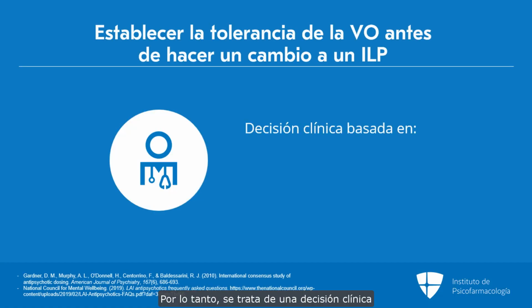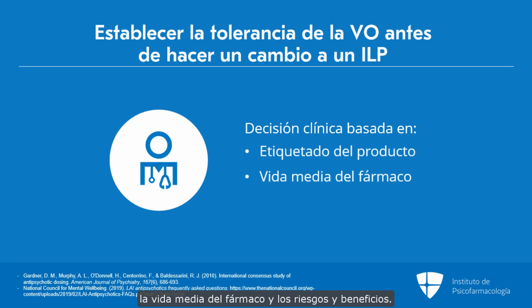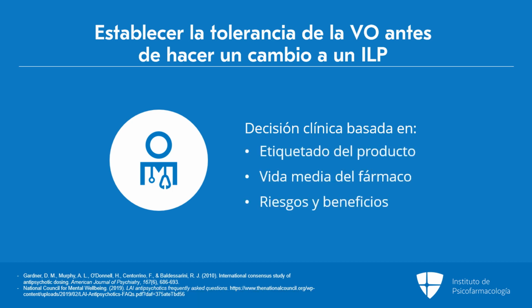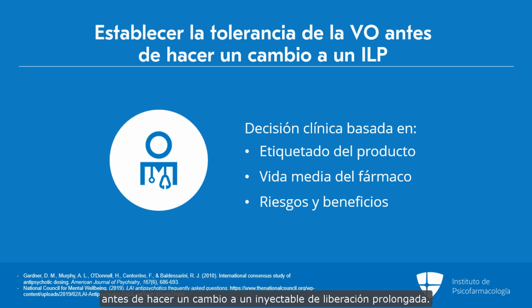So this is a clinical decision that's based on product labeling, the half-life of the medicine, and risks and benefits, but this may range from as short as just 1 to 2 test doses all the way up to 2 weeks of treatment with the oral form before switching to long-acting injectable.